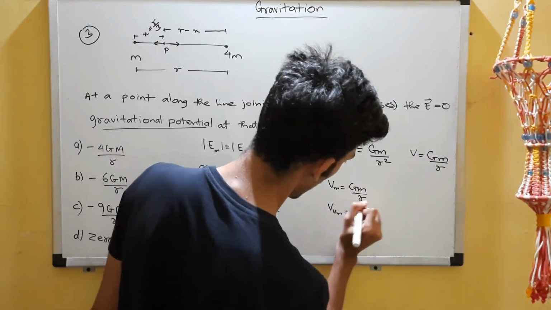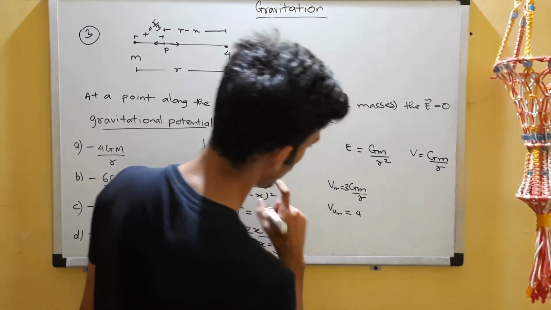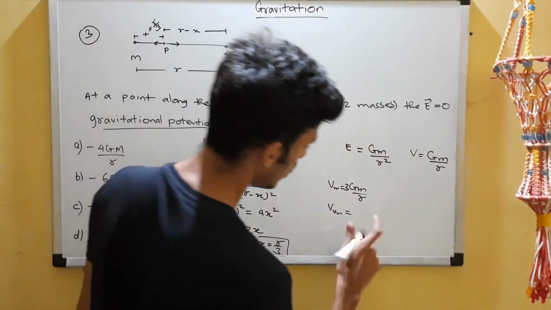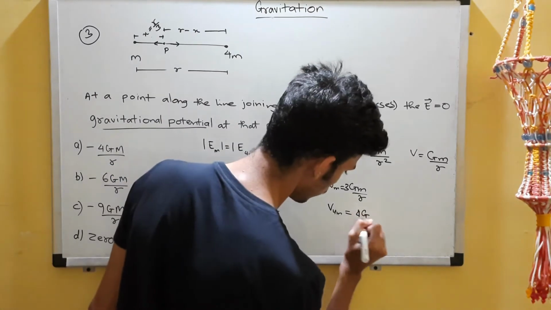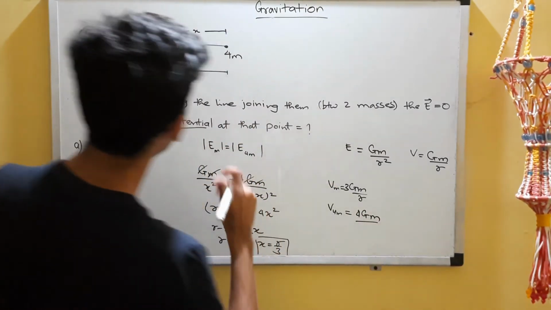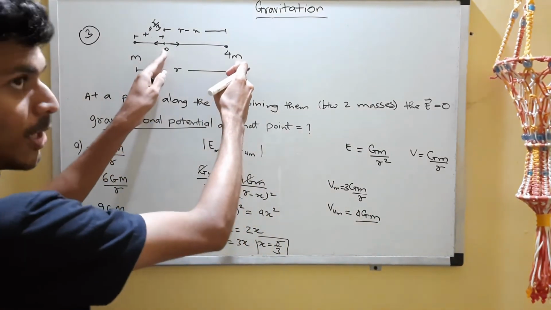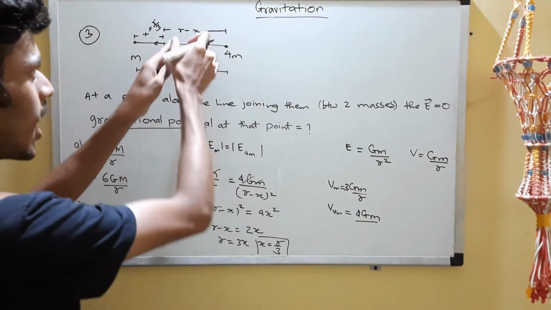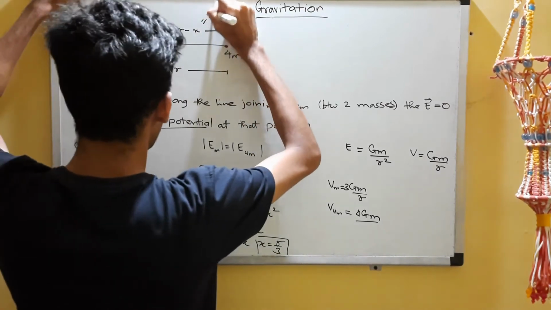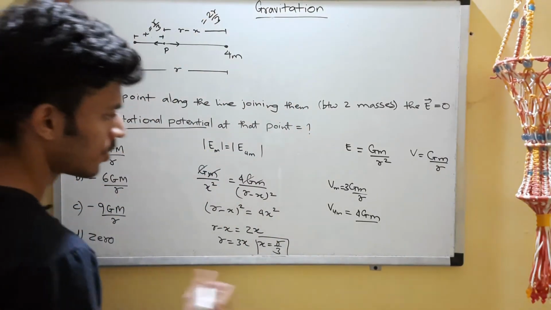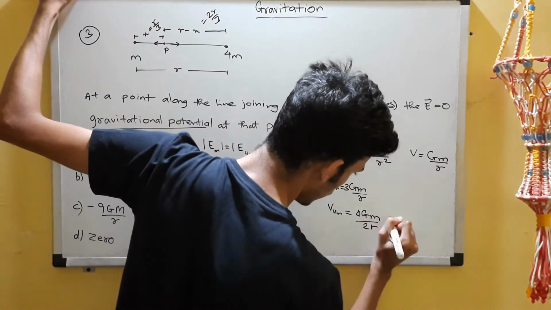So GM by r by 3 will become 3GM by r. Due to the bigger mass, which is 4m, we have 4GM, and the distance is the distance of 4m from point P, which is 2r by 3. Okay, r minus x, you can calculate that. So r minus r by 3 is 2r by 3.